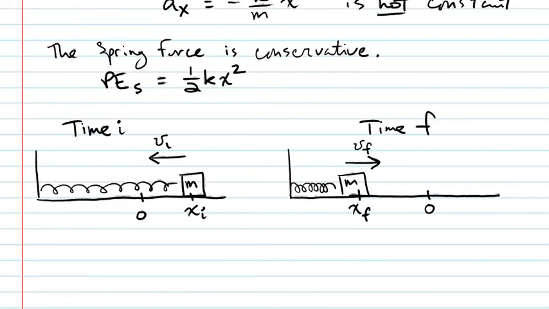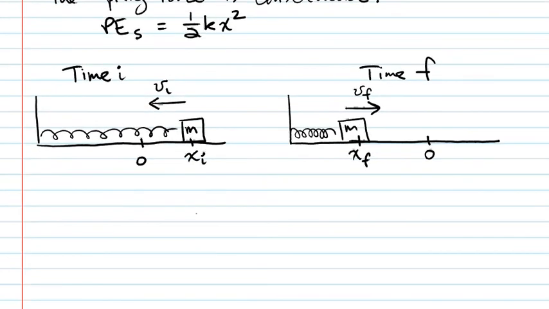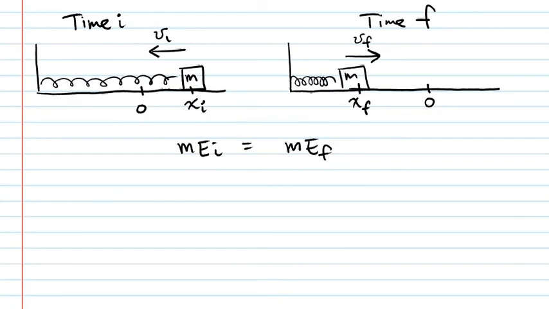Then, in this case, conservation of mechanical energy is going to show up. Here's probably the overriding theme of this chapter. The object's moving, so it has kinetic energy. It's attached to a spring, so there is spring potential energy, but it doesn't have a vertical motion. So here we don't have to include the gravitational potential energy.